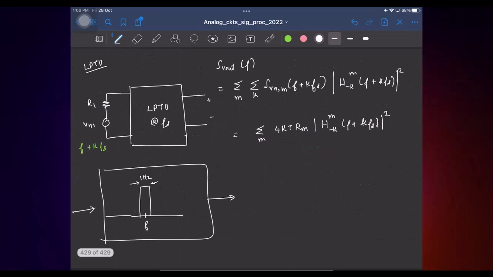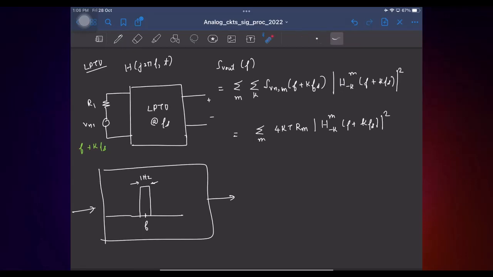But with an LPTV network, the gain it imparts to a particular frequency varies with time, right? Because the frequency response, which is the gain for a complex exponential at a frequency f, is H(f, t). It varies with time, and not randomly, but periodically.